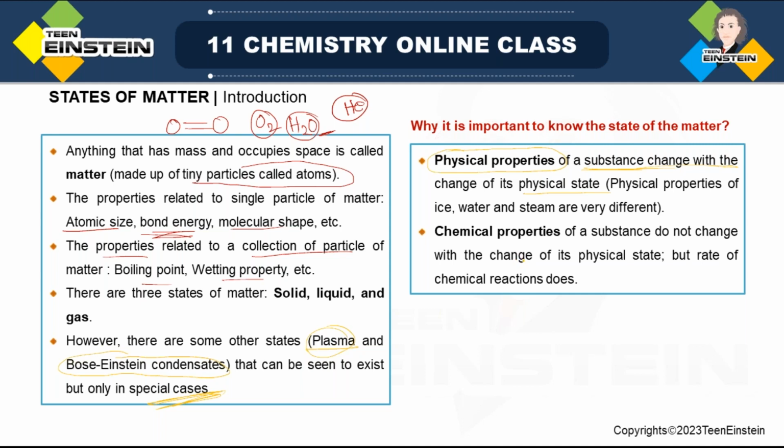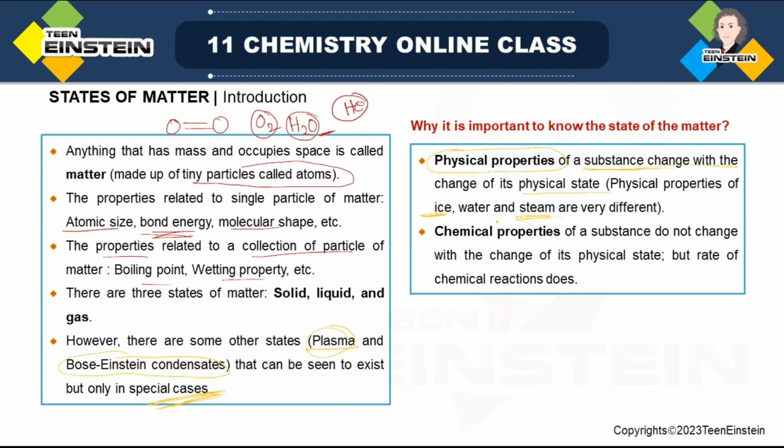But suppose it is present in solid form, which is ice, or in vapor form, which we call steam. If it is not specifically mentioned, it is not possible for us to talk about the physical properties, because physical properties will be completely different.